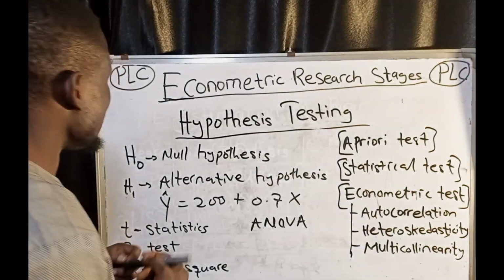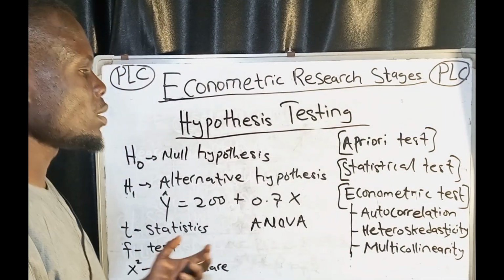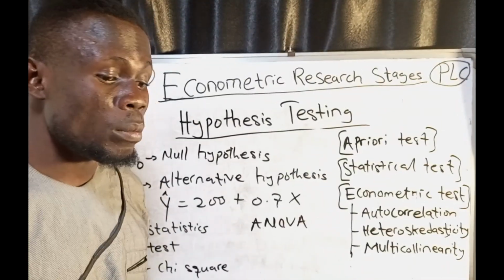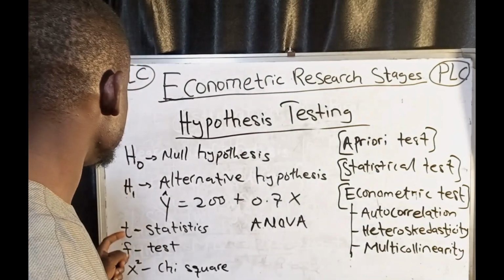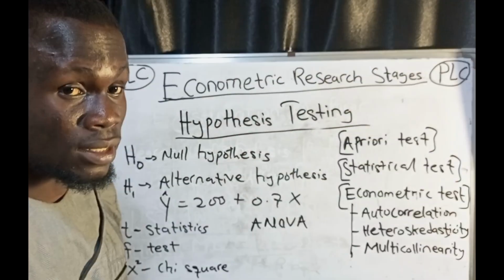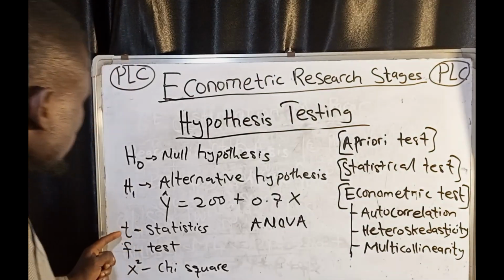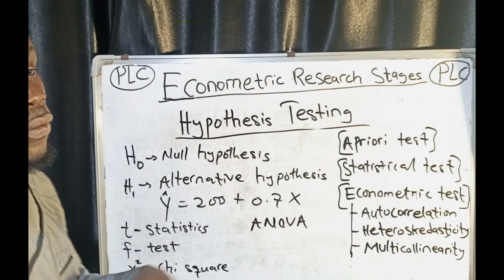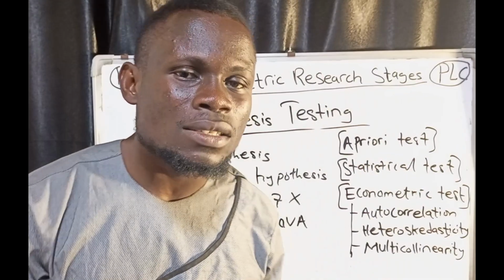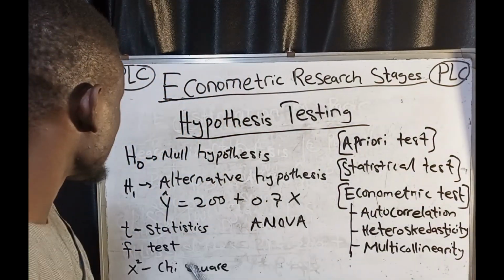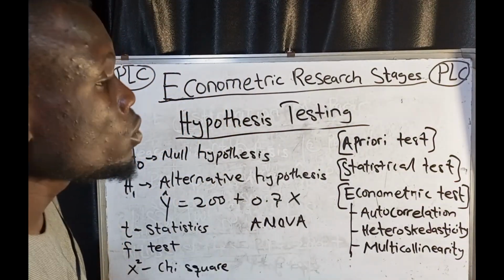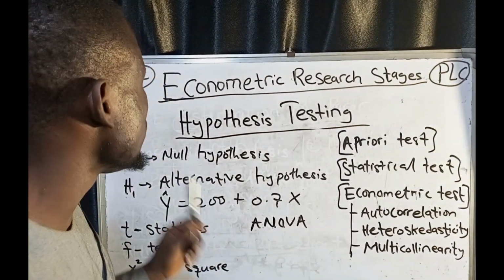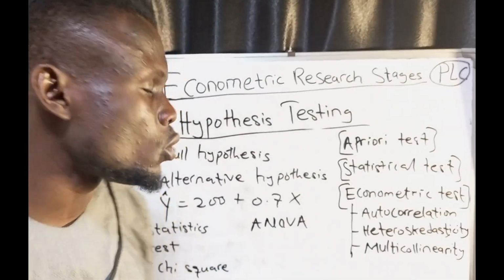Now the next thing is we subject this to a statistical test. There are a number of statistical tests. We have the T statistic, the F statistic, the chi-square, ANOVA, etc. In subjecting it to these tests, we have to select the appropriate one to use.